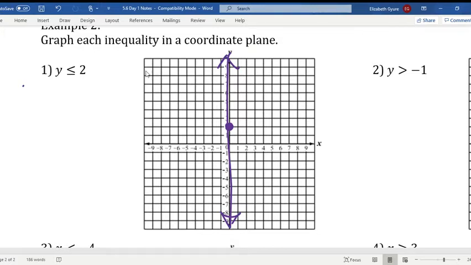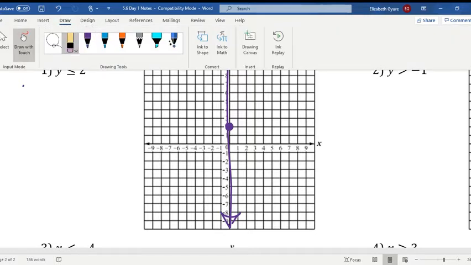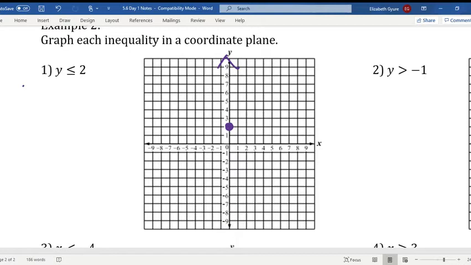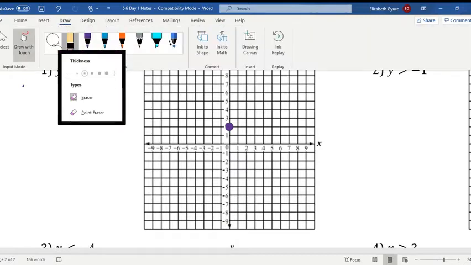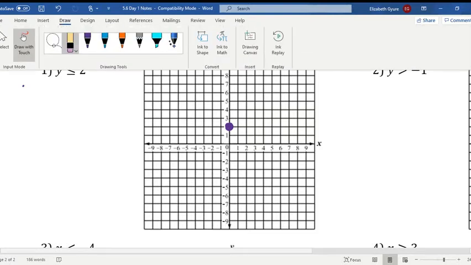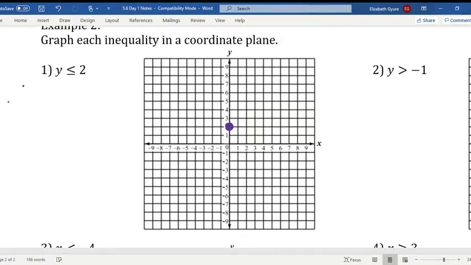Would there be any difference between y is less than or equal to 2, or y is less than or equal to 5, or y is less than or equal to -10? Wouldn't they all look the same if that's what we did? So instead, we want to draw a horizontal line because there's not already a line there, right? If we draw it here, there's already a line there. We don't want to draw a line over our other line. So we're going to draw a line through 2.